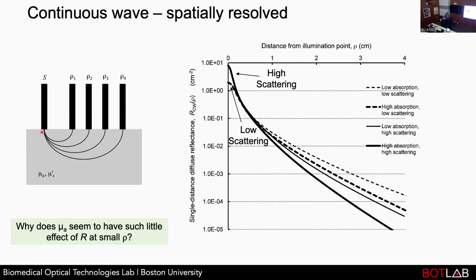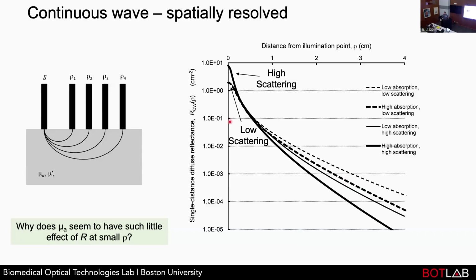Now, of course, photons are going to take a circuitous path to get to the detector, but let's pretend that they travel a millimeter. With those optical properties, just traveling a millimeter, 0.01, 1% chance on average of undergoing an absorption event for that path length, and like 100% chance of undergoing scattering. So absorption has almost no effect on your measurement.